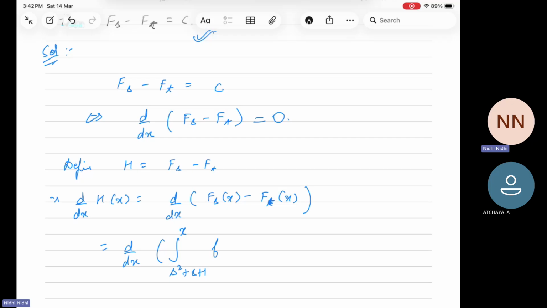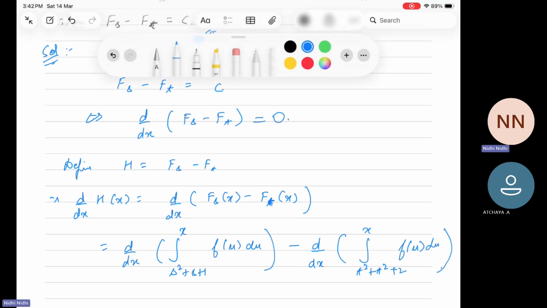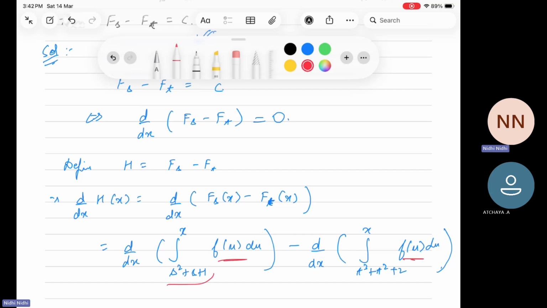So that is actually just a constant, minus d by dx of the integral from t cube plus t square plus 2 to x of f(u) du. In both cases, we can see that the inside function is independent of x, and the lower limit is also independent of x.